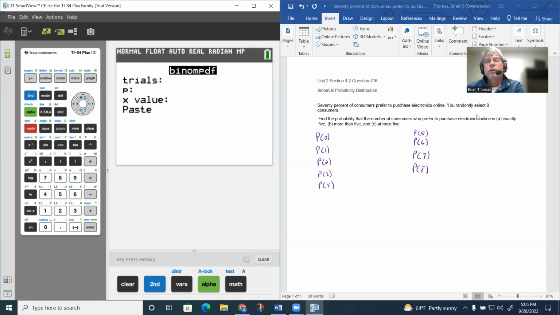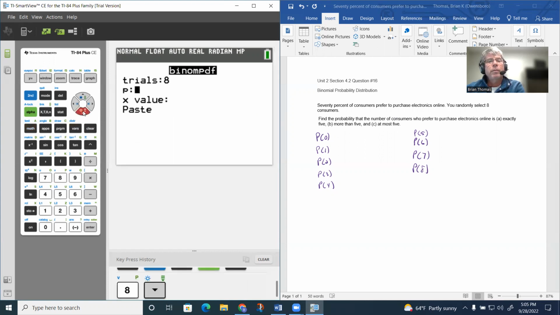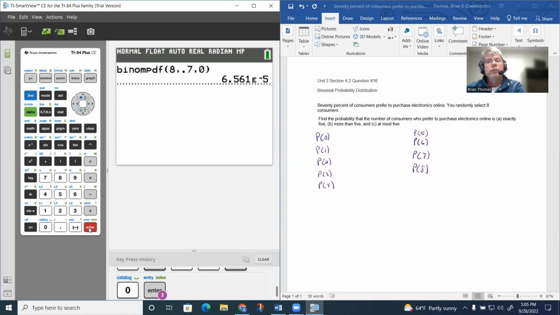So the number of consumers is going to be the trials. That's going to be 8. The probability is the 70%, so it's going to be 0.7. Move your decimal 2 places to the left. My first value I'm going to choose is 0. So I hit enter again, and it gives me this number here.